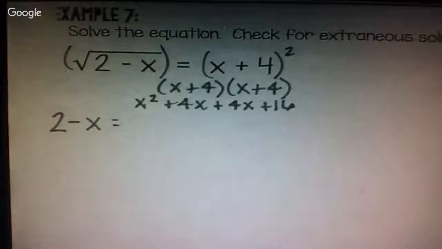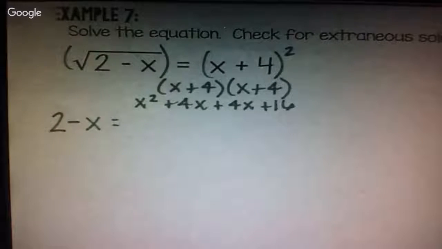First terms, x times x, x squared. Outer terms, x times 4, 4x. Inner terms, 4 times x, again, another 4x. And my last terms, 4 times 4, 16.